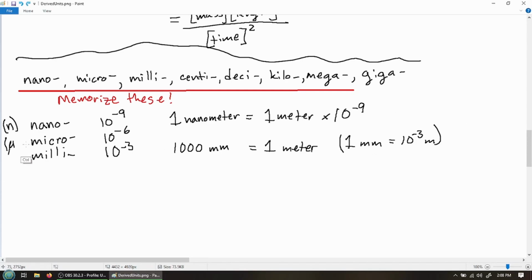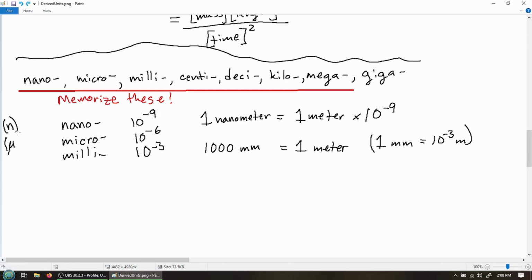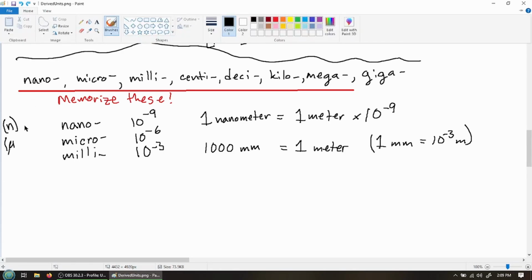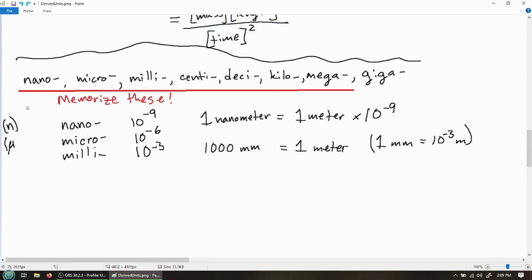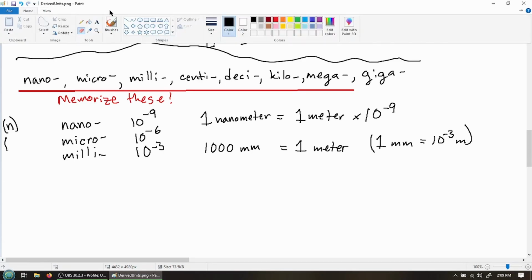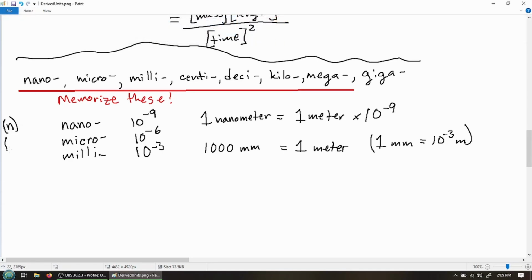I'll just rewrite both of these. As I've said before, feel free to skip ahead to a place where I already have this fixed. So we have either a mu, or you might just see this as a lowercase u.